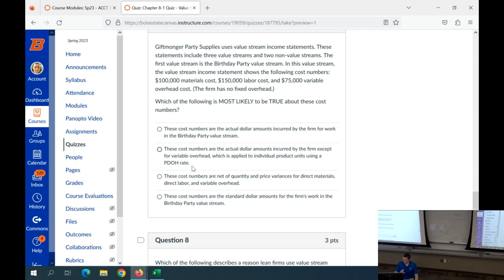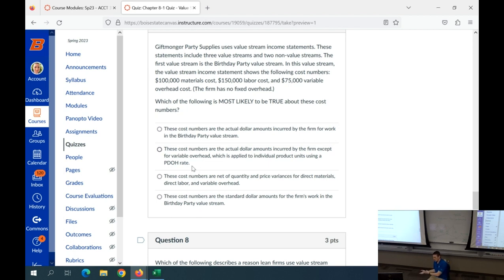And so here's what I'm saying. In my mind, when I say those words, they mean something. So I'm going to explain what they mean in case they're not meaning the same thing in your brain when you hear those words. What I'm saying is we have some variable overhead cost, so some cost that we can trace to the production of birthday parties in general, but they're overhead still, which means by definition, we can't trace them to individual product units.